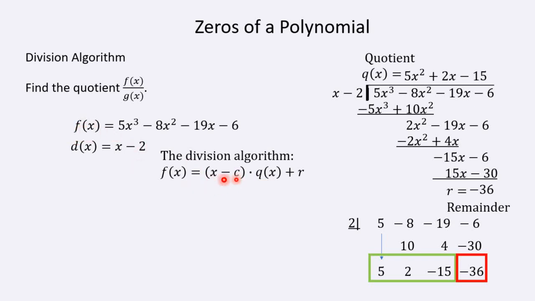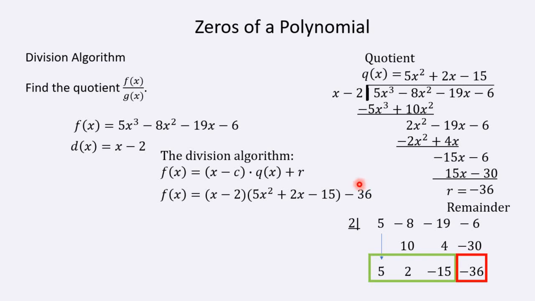And what they're saying by this division algorithm is I can write f of x, which is this original polynomial, equals x minus c, which in this case would be just x minus 2, times the quotient q of x, which is that same quotient we got. Here are the coefficients of it. And then plus the remainder. So that's plus negative 36, or minus 36. So this is the division algorithm.